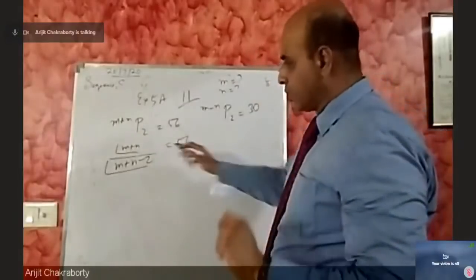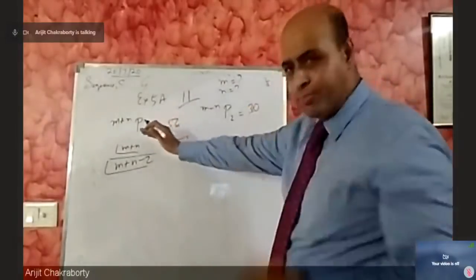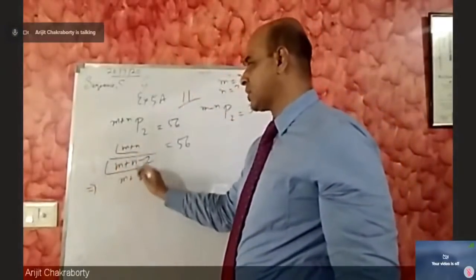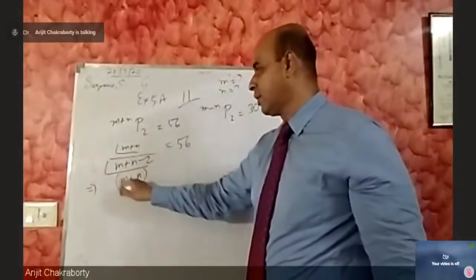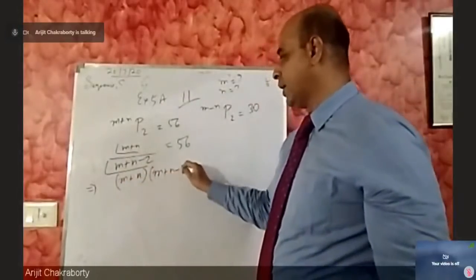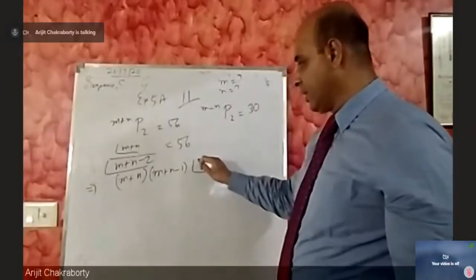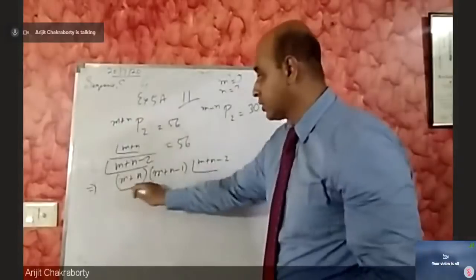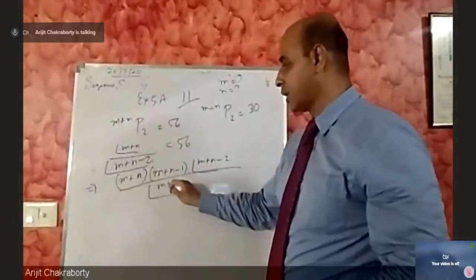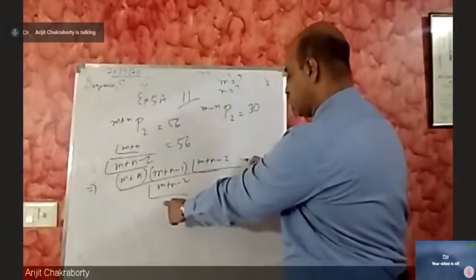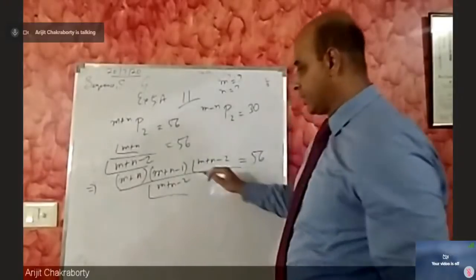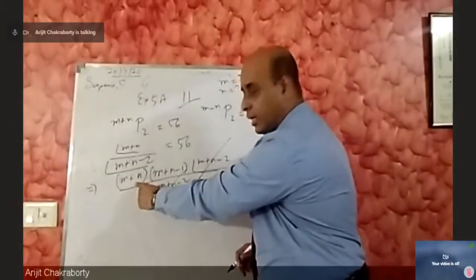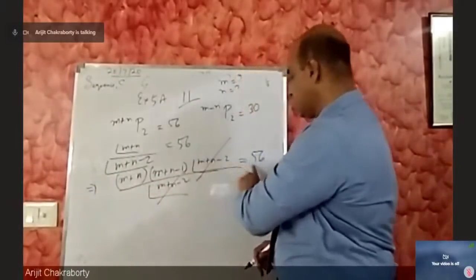If you break it up, (m+n) factorial means (m+n) into (m+n−1) into (m+n−2) factorial, divided by (m+n−2) factorial, equal to 56. Here I cancel the (m+n−2) factorial, so you are left with (m+n) into (m+n−1) equal to 56.